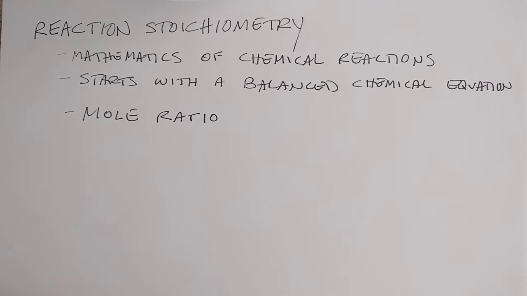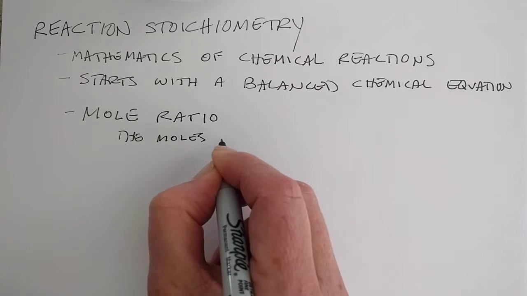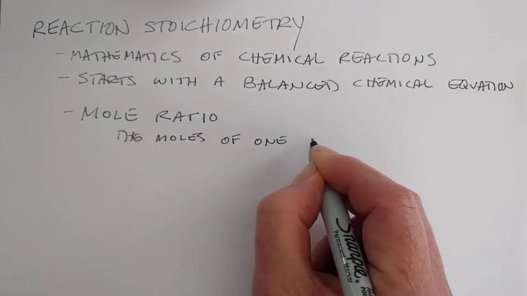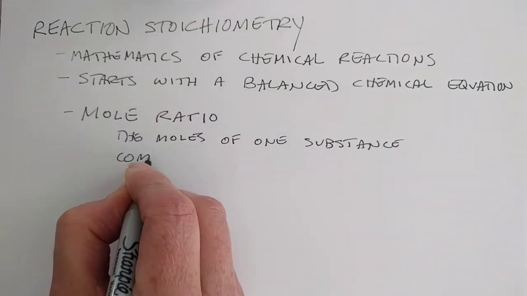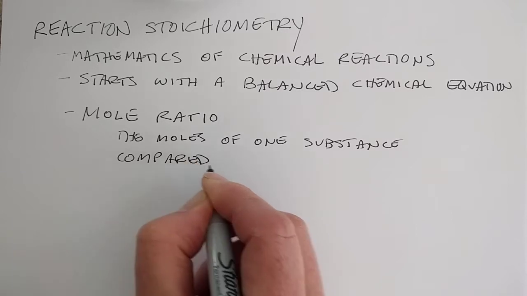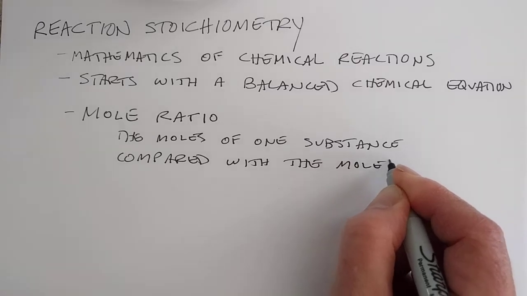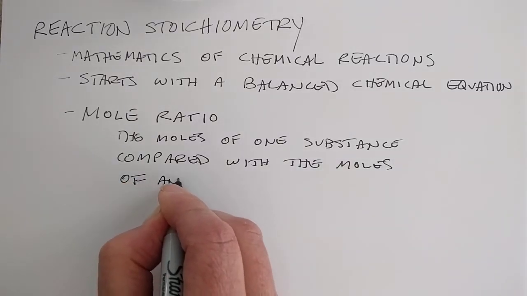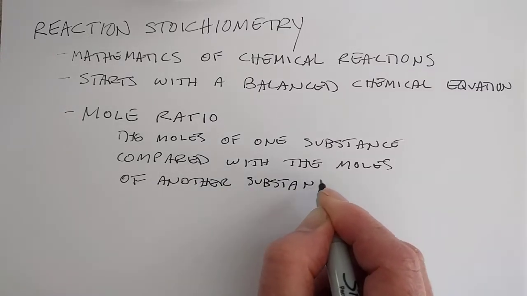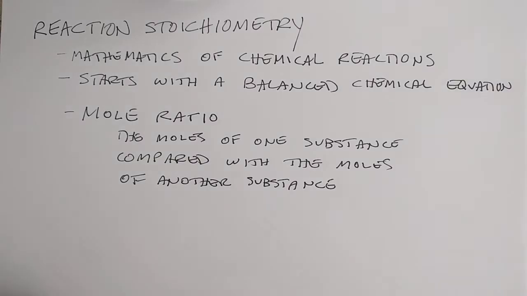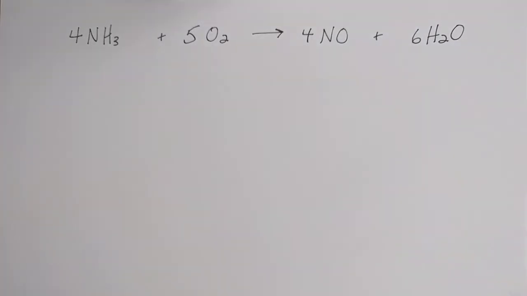Mole ratio is the moles of one substance compared with the moles of another substance in a chemical equation. So let's look at a chemical equation and figure out the mole ratios.